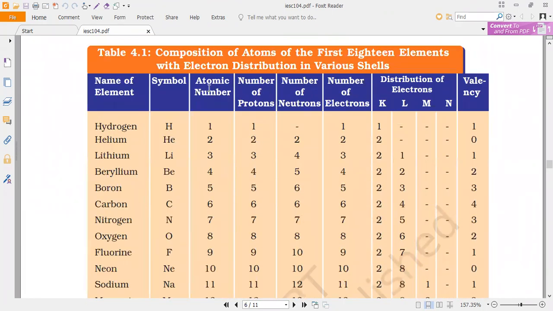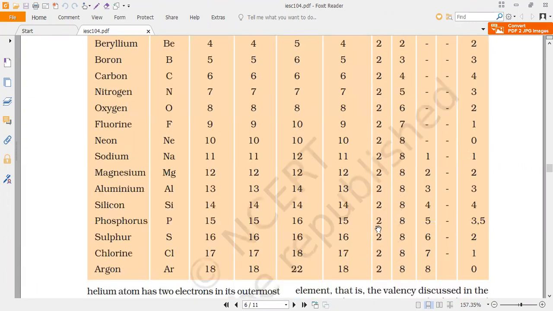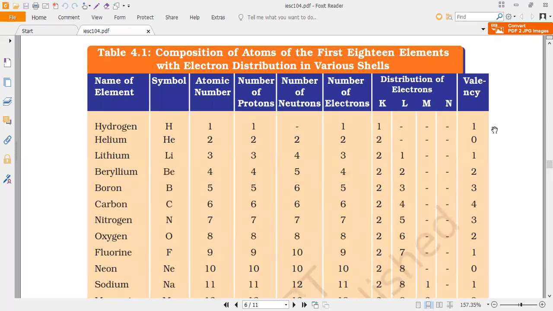Here they have mentioned clearly atomic number, number of protons, number of neutrons, number of electrons, how it is distributed, and what the valency is. That valency I will also tell you. All of you, valency alone you leave it. Last column alone you can leave it. That valency we will discuss in our next class.